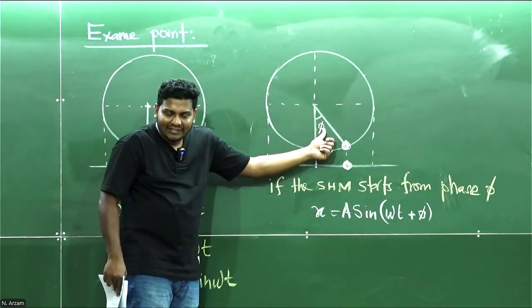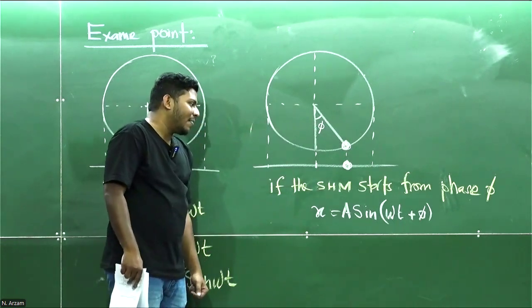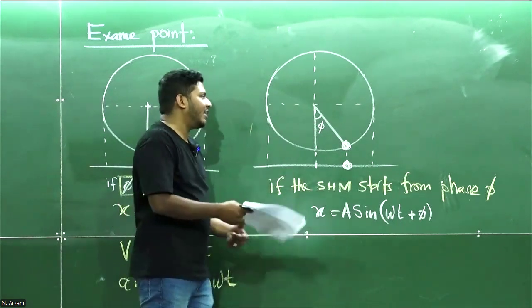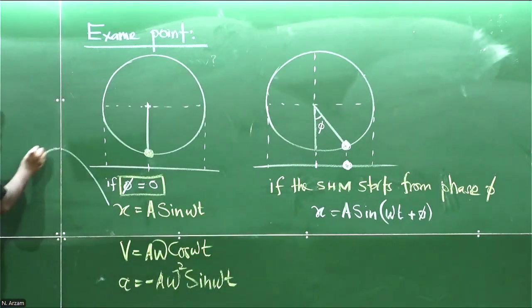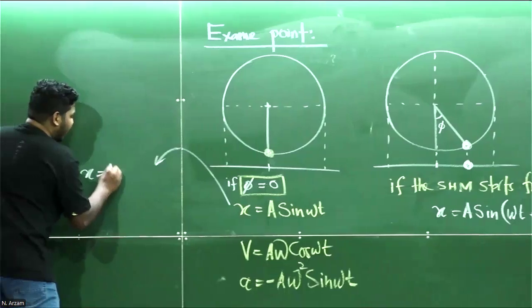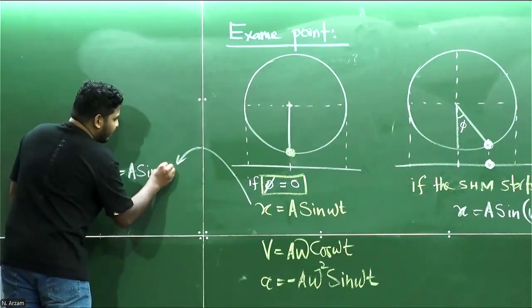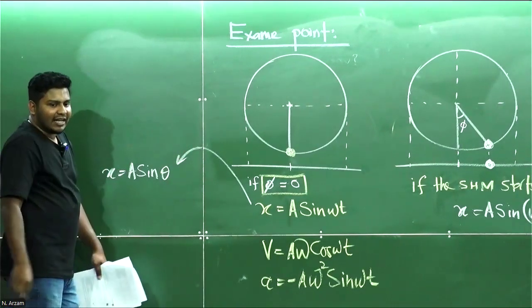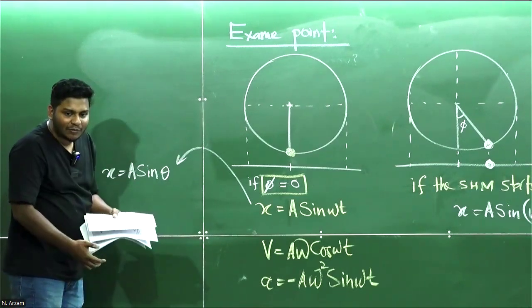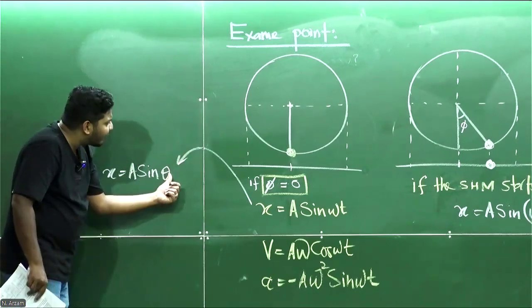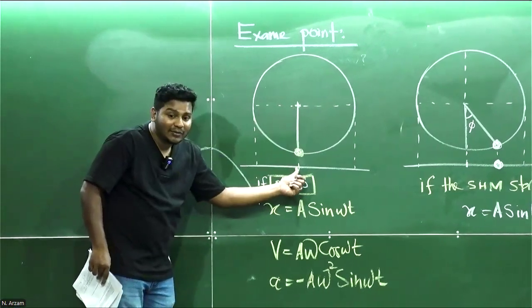You got it? Let's say we write down this equation like this. X is equal to A sine theta. If theta is equal to 0, where is the particle now? Theta is equal to 0 means the particle is here, no?